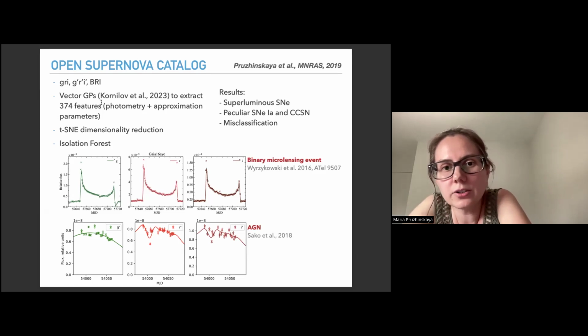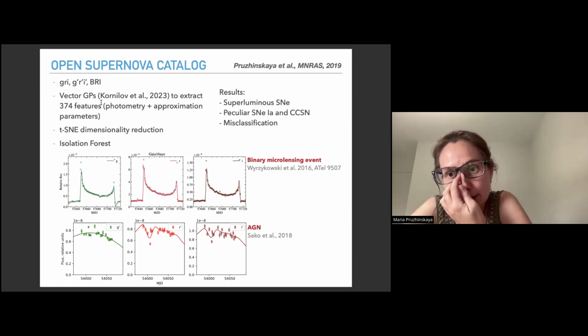So we used this vector Gaussian process to approximate our light curves, and we extracted a lot of features, which are basically just photometry with a bin of 1 day and some parameters of the approximation. Then we implemented some dimensionality reduction on the data and used a simple isolation forest to search for anomalies.